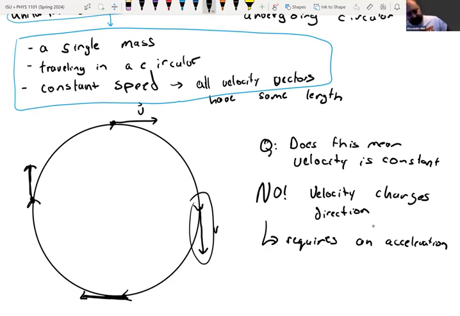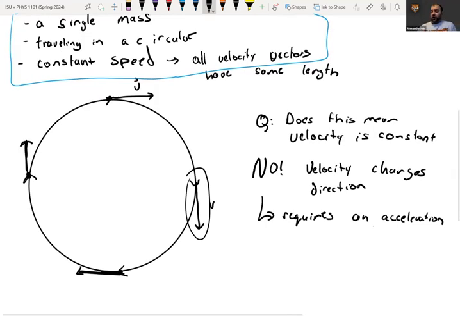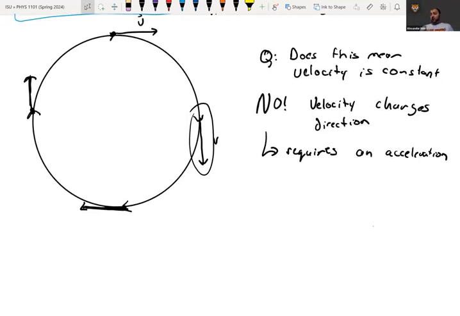No harm. The important point is that yes, if you're going in a circle, you always have acceleration, even if you're going at a constant speed. So the question then is, what is the magnitude and direction of the acceleration?